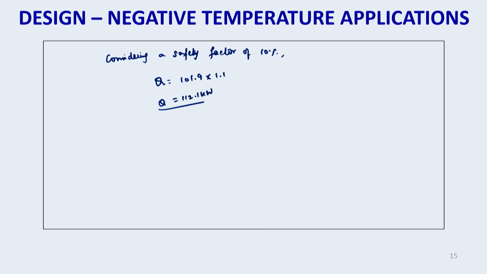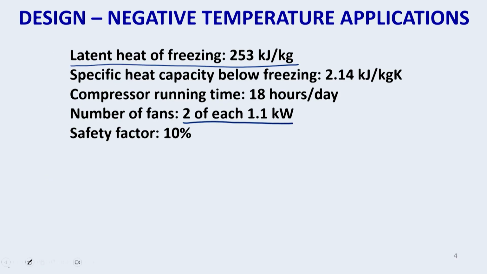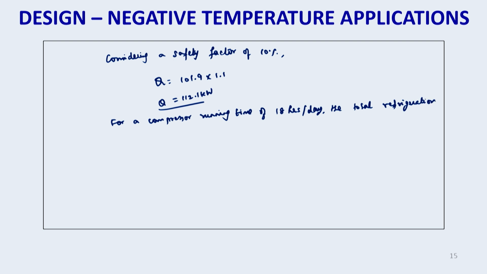Now, for a compressor running time of 18 hours per day, which is given in the question, the total refrigeration load is equal to 112.1 into 24 by 18.